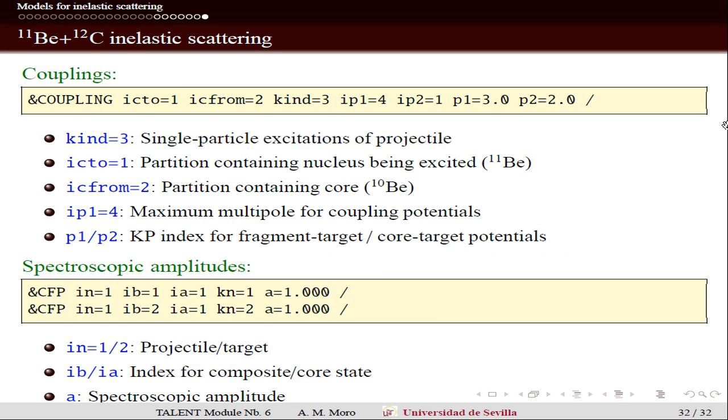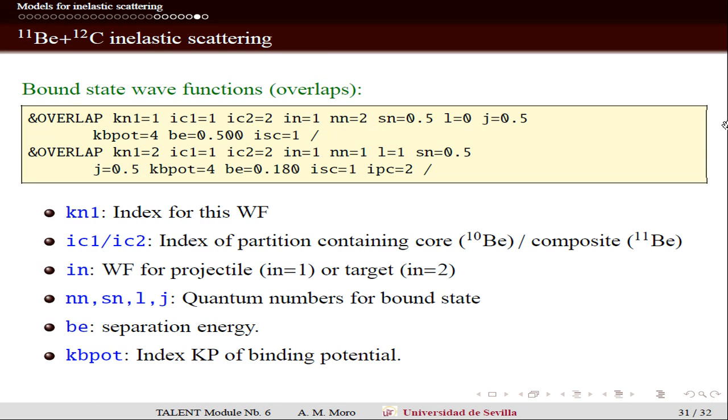So we have to give the index of each of these partitions, and this is given by these IC numbers. Then the important thing, we have to identify, before that, if this wave function corresponds to the projectile or target. In this case, In equal 1 is for the projectile, and Nn, S, L, and J are the quantum numbers defining the bound state.